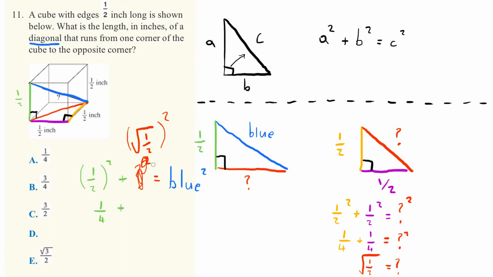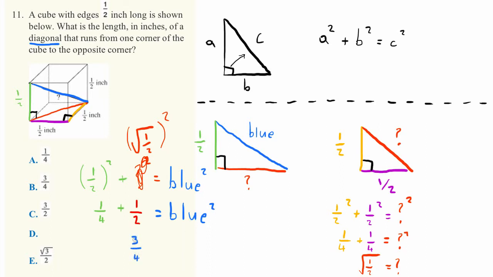Then let's add to it the square of a square root, which is just the number itself. So the square root of 1/2 squared is simply 1/2, and that is equal to the length of blue squared. If we add 1/4 plus 1/2, that's equal to 3/4.